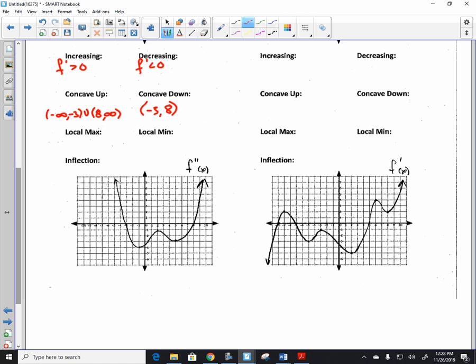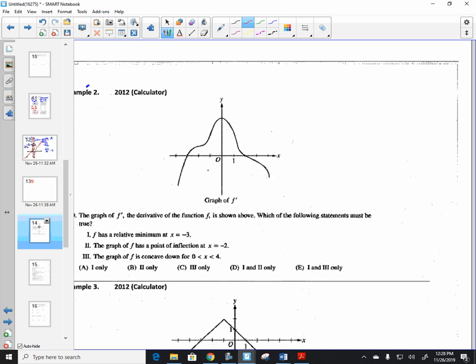The inflection happens where concavity changes, where the f double prime changes sign. Where does f double prime change sign? At -3 and 8. So this type of exercise, along with what we've been doing before, should be able to help us with these type of problems.